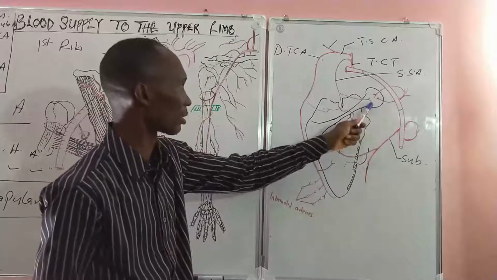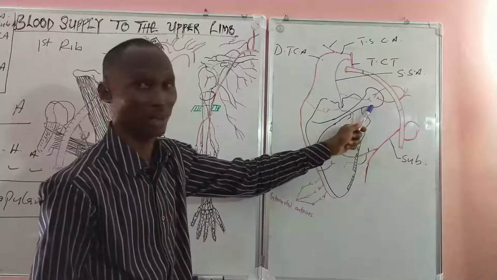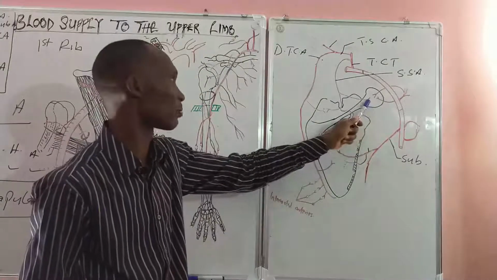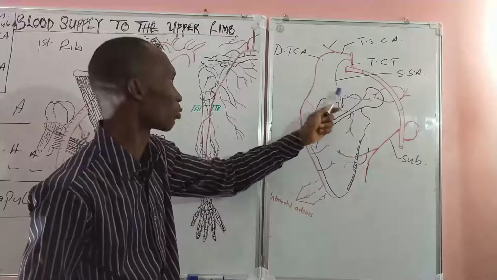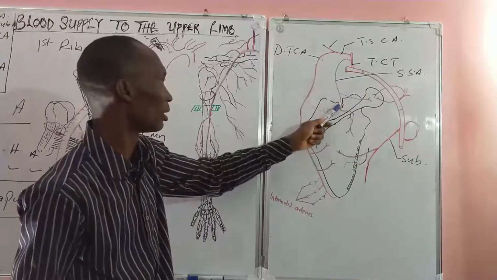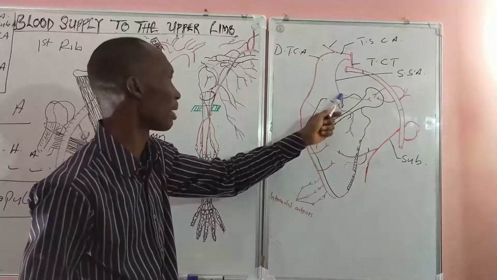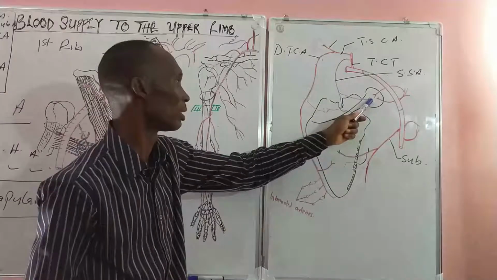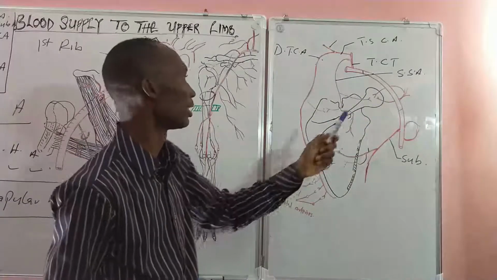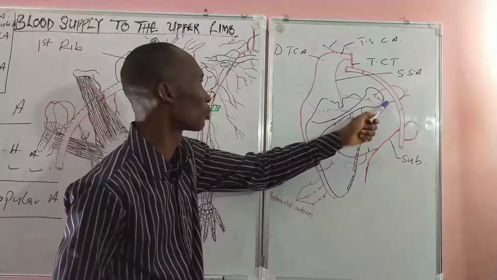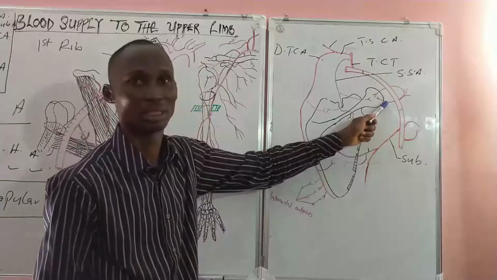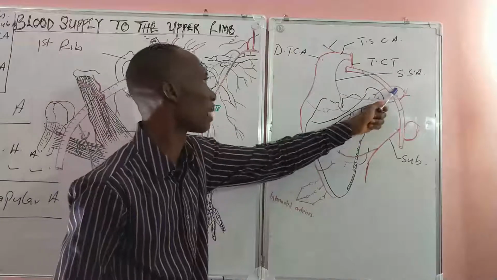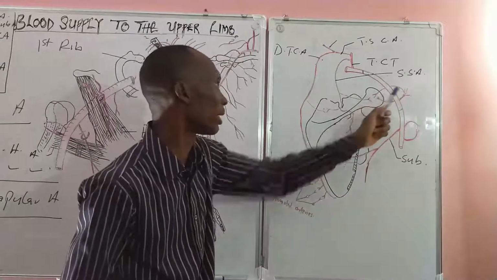This is the point of that anastomosis. In that anastomosis, we're seeing three branches. The first branch is the acromial branch of the suprascapular artery. The second branch is the acromial branch of the posterior circumflex humeral artery. And the third branch is the acromial branch from the thoracoacromial artery.